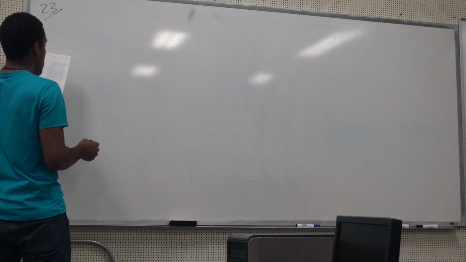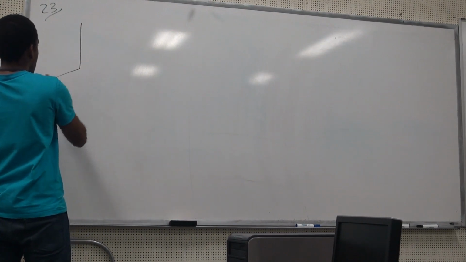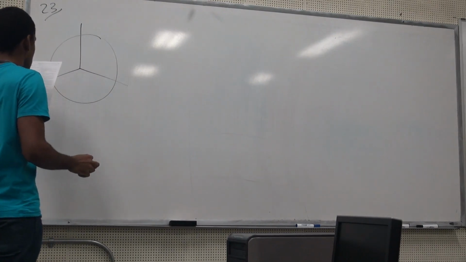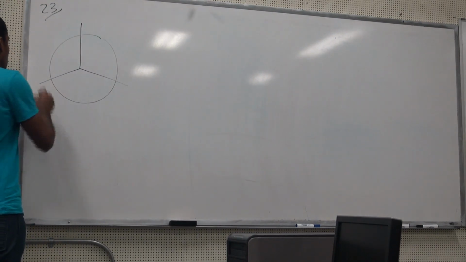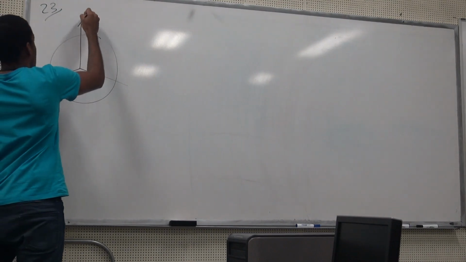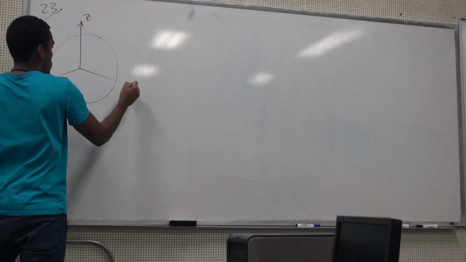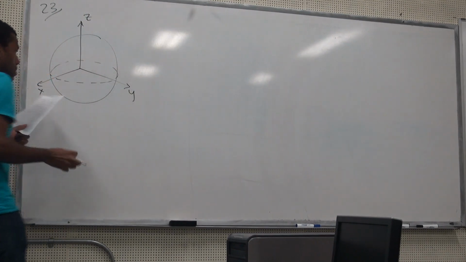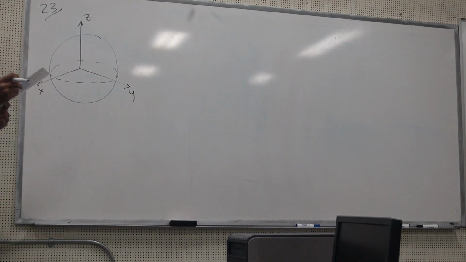So T is the temperature in a metal ball, and we're taking the center of the ball to be the origin. How can we describe the temperature T?